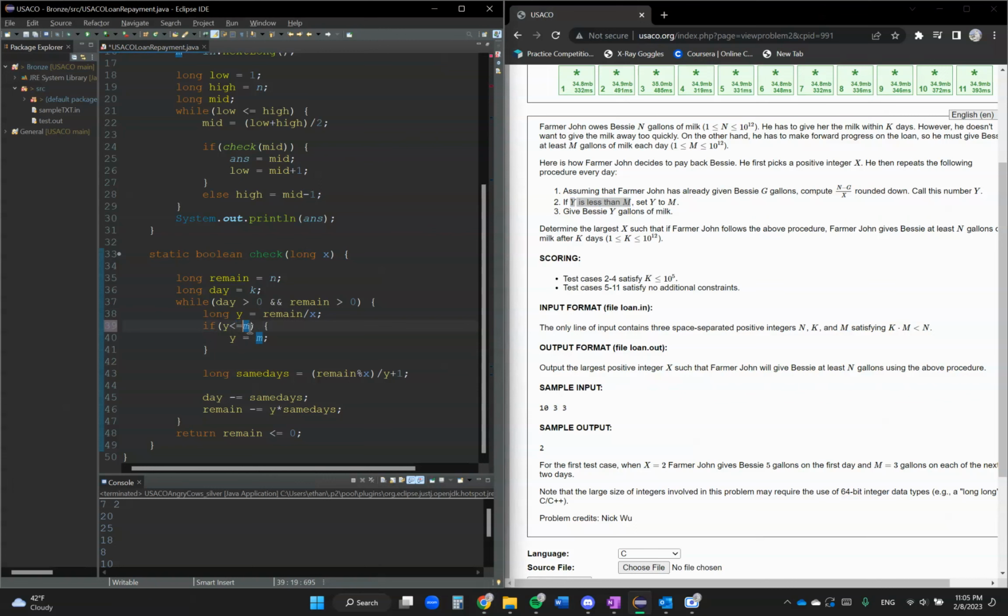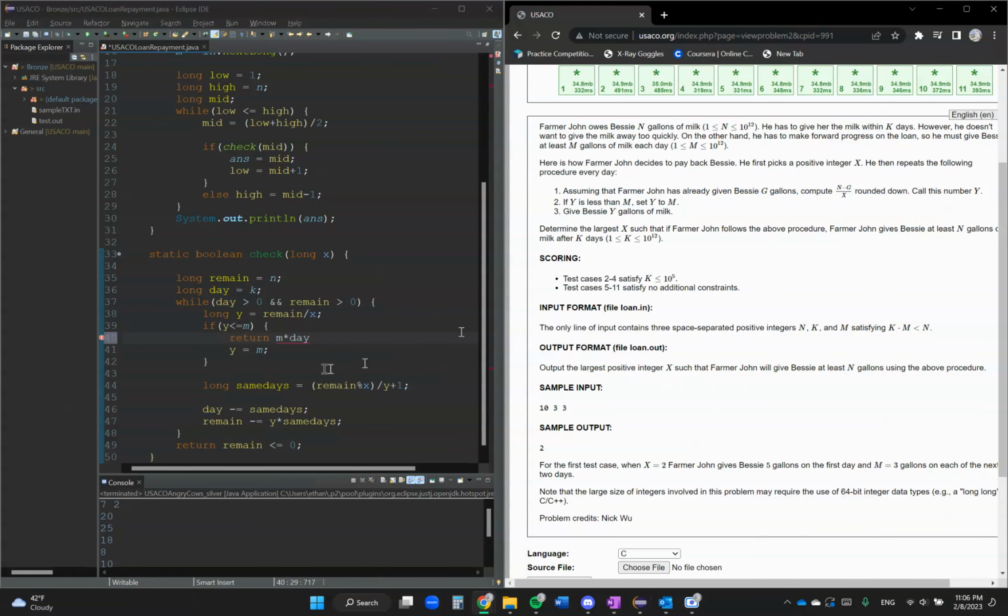So from the first day that y is set to m, we can just return m, which is what we set y to if y is less than m, times the number of remaining days, since all these days are going to make Farmer John give Bessie y gallons of milk.